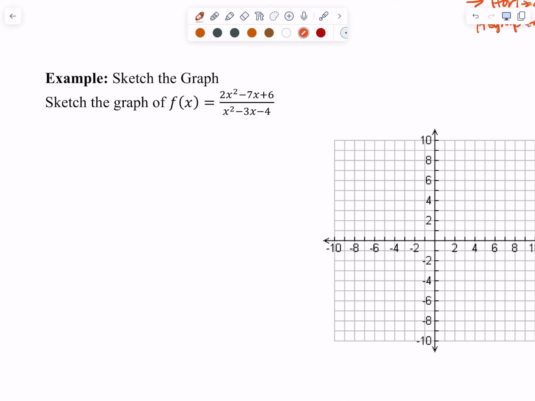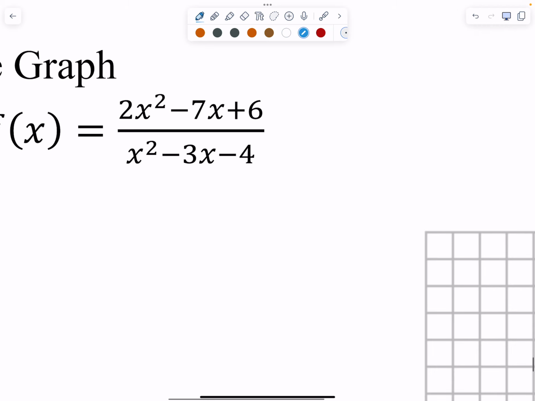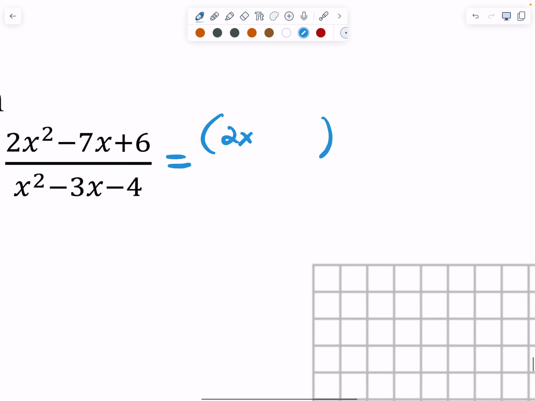Okay, so first order of business, why don't we factor those puppies? Let's see what we're dealing with here. So in the numerator, I'm sorry, what in the numerator? 2x, that would be minus 3 minus 2, right?